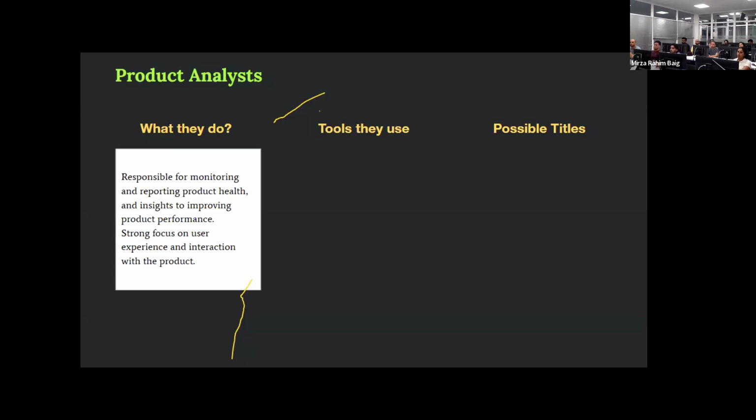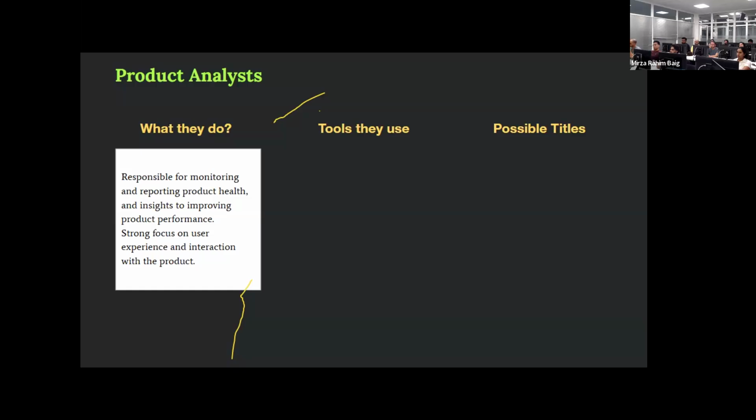So when someone says, okay, let's roll out this new experience for the customer, or let's change the way the ranking happens, or show the price differently to the customer, the product analyst will come and say, wait, we need to test it out. We need to perform some sort of testing, some sort of an A/B test, some sort of an experiment. From the experiment, we'll see whether it has a positive effect or not. And we launch this new feature only if there's a positive effect. That's what a product analyst will do.